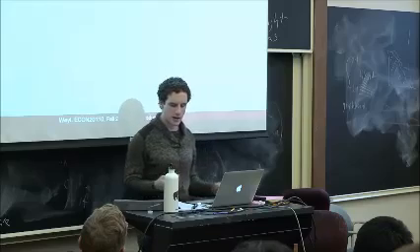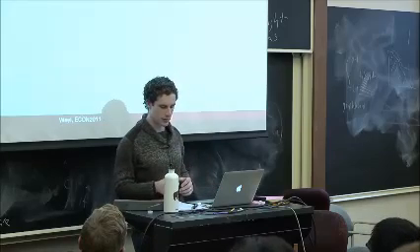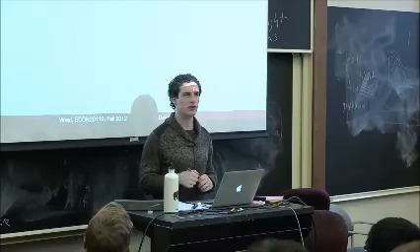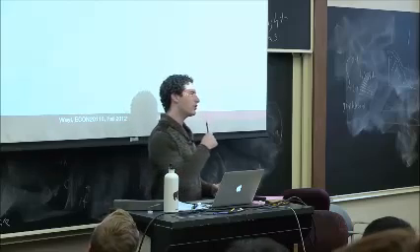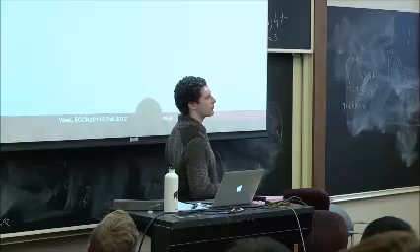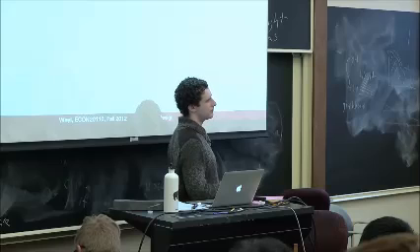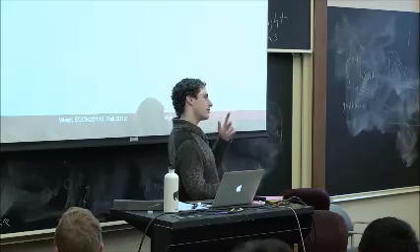And we can see that by thinking about what's missing from the median voter model. So, where's Justin? Hey, Justin. What do you think are important factors that are missing from the median voter model? We made some assumptions earlier.